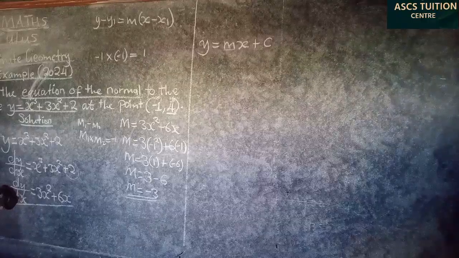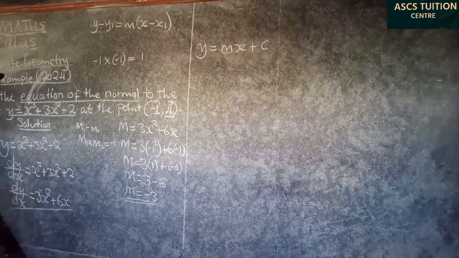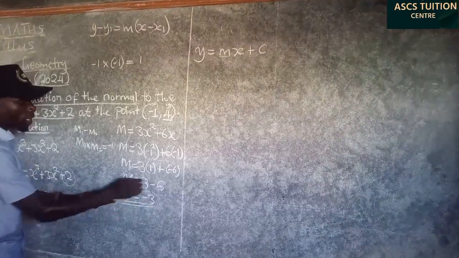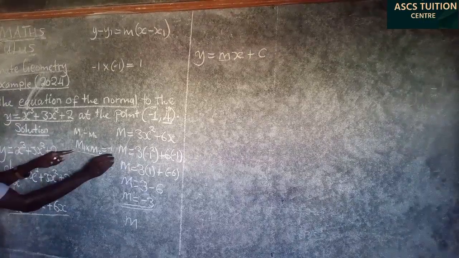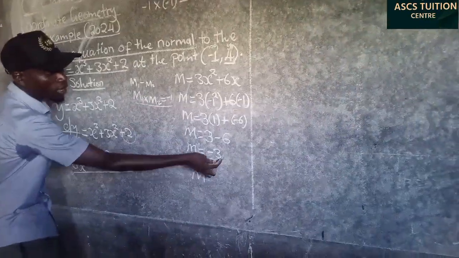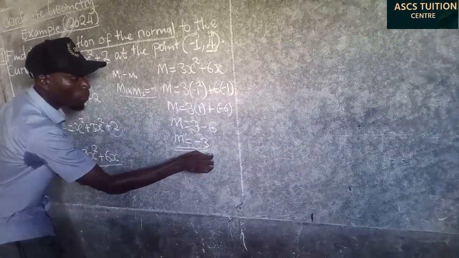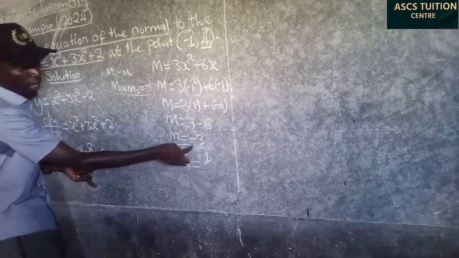And then we have the gradient here. Okay? The gradient is -3. Now, this -3, I forgot one thing. Remember, when you are finding the gradient, we always say gradient, as I said here, is equals to -1 over the gradient. So, since this is negative, the answer is given as -3, meaning that our gradient will be +1 divided by this number, which is -3.